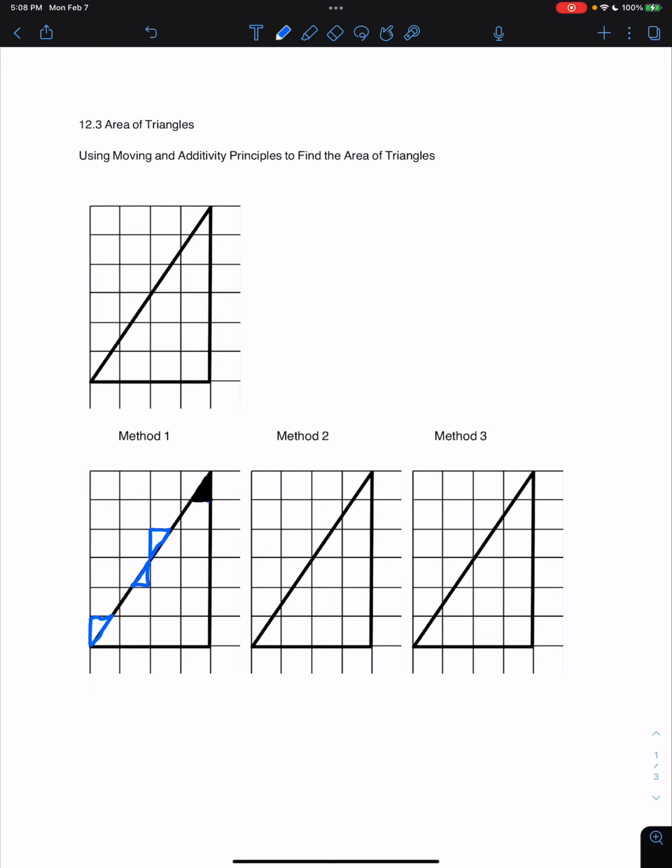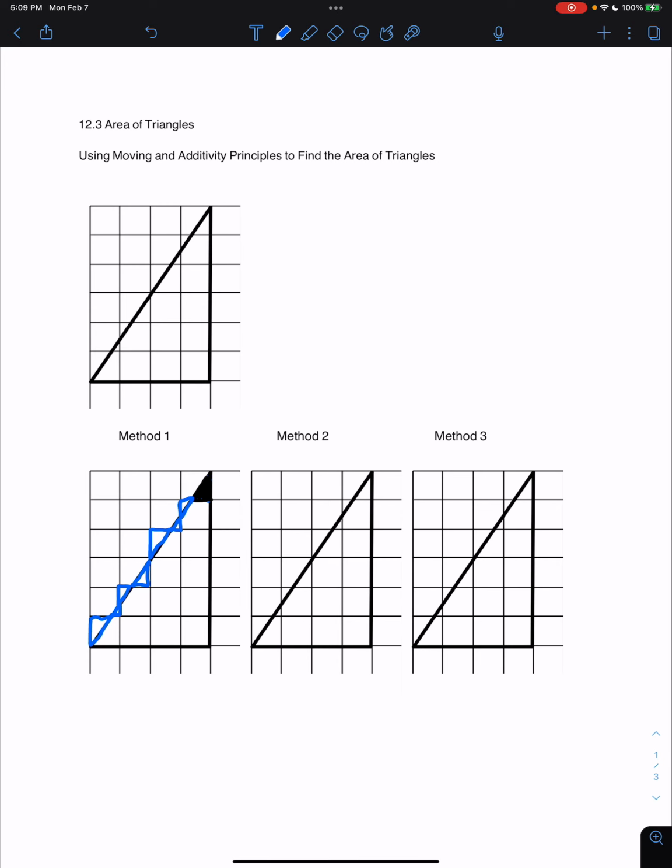Let's see, this little piece kind of matches with this piece up here. Let's see, what else could we do? But you understand the idea. I could take this little piece here and match it down here.